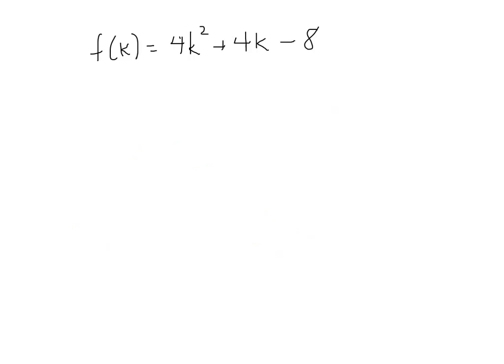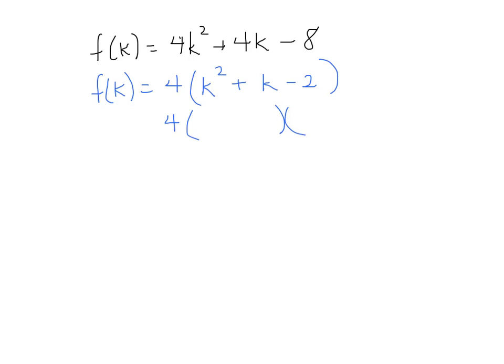One thing you'll notice when you're factoring is that in order to make it a little bit easier, if you can factor something out, that might make it a little easier to work. So this one actually has a common factor. So f of k is, notice I can factor out a 4, so 4 times k squared plus k minus 2. And then from here I don't even really need the X method.